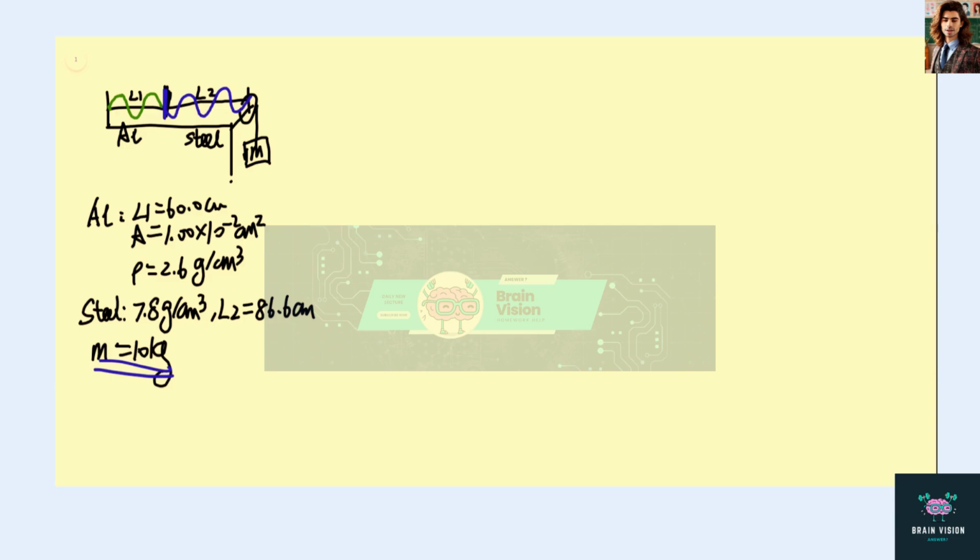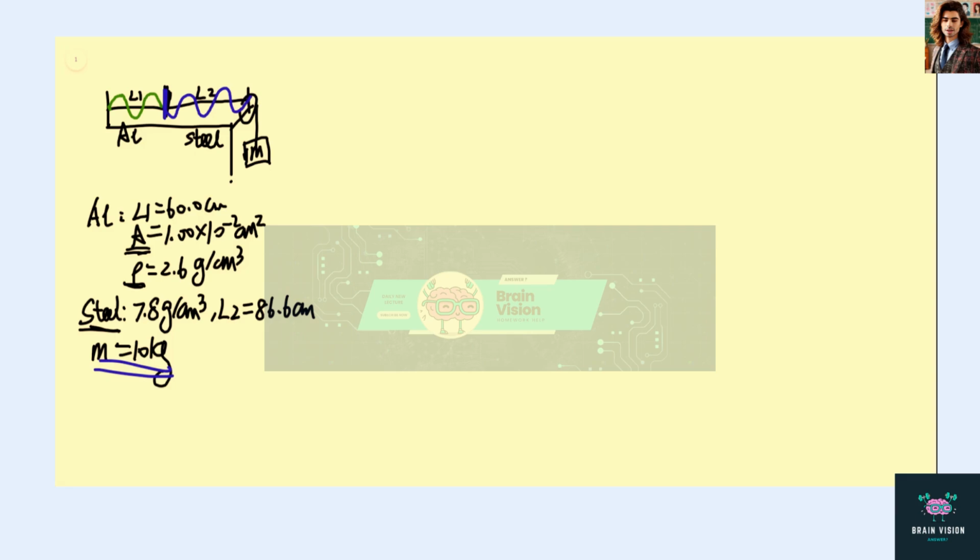So let's think about it. We have rho, we have area. This is area, and these two will give us a mass density, and similar over here for the steel string, which has a section. So we can find the velocity for the aluminum string and the steel string.